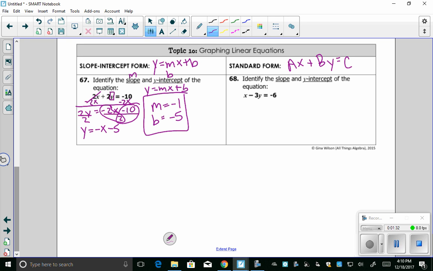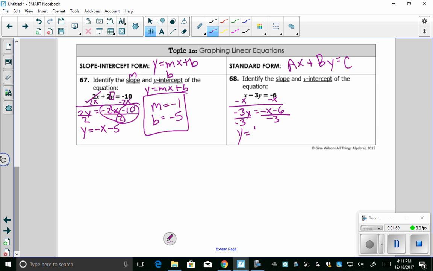I have to use the same steps for number 68. Subtract x from both sides, so that I get negative 3y equals negative x minus 6. Divide both sides by negative 3, so that you get y equals a negative divided by a negative is a positive.